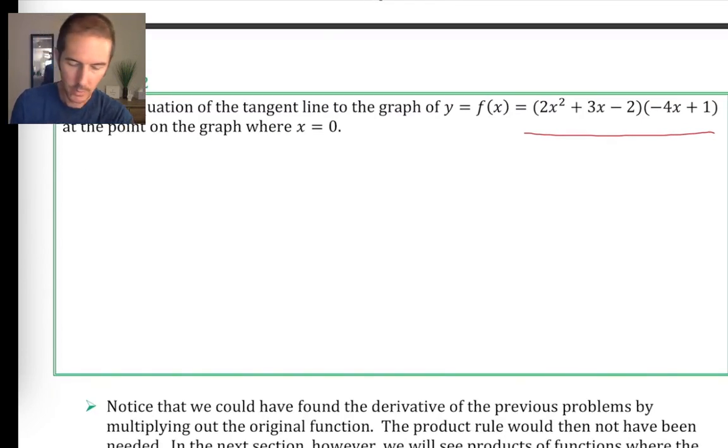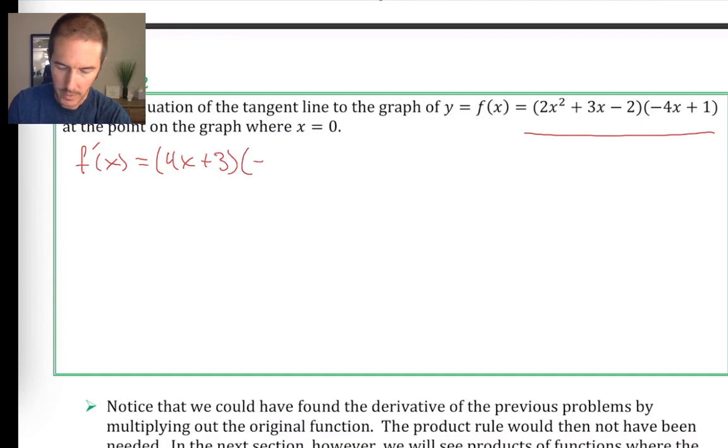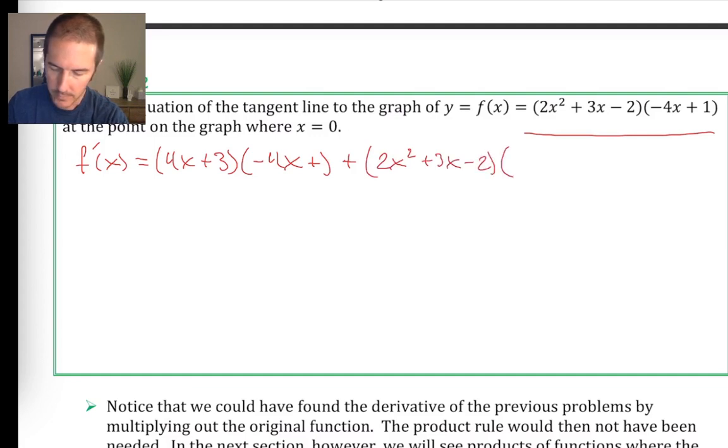Let's go ahead and do this one. I will do it without quite as much narration. So I'm going to take the derivative of my first term, which is 4x plus 3, and then I'm going to keep my second factor, negative 4x plus 1, plus I'll keep my first factor, 2x squared plus 3x minus 2, take the derivative of my second factor, which is just negative 4.